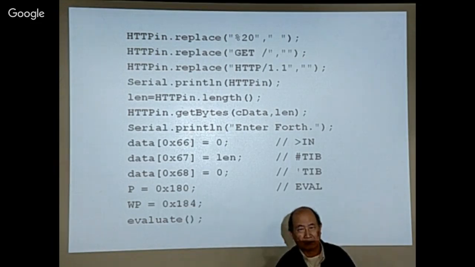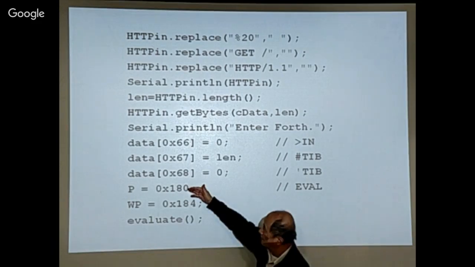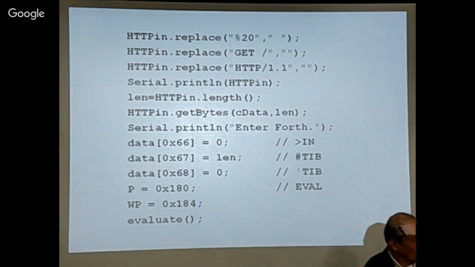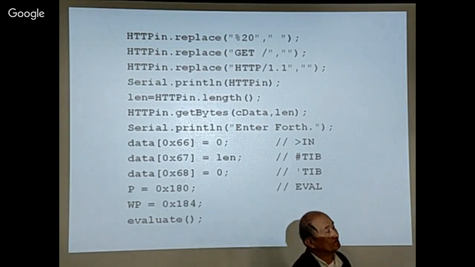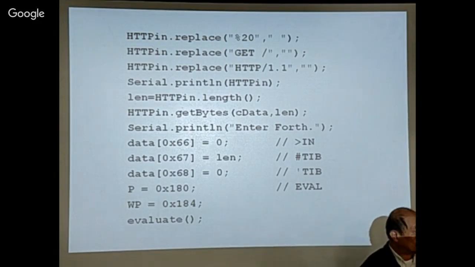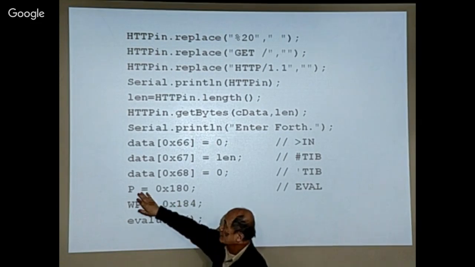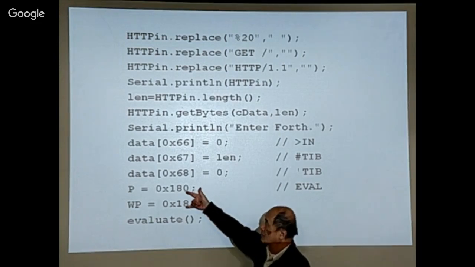After 180, that's the user variable area, and the first user variable here stores the address of eval. The Forth needs 2 pointers, P and WP. WP is always pointing to the 4 bytes after P. So you need to set up these 2 pointers to call eval.